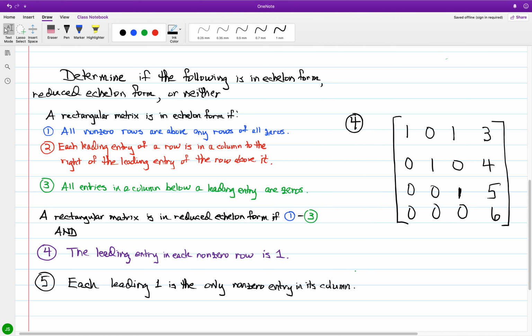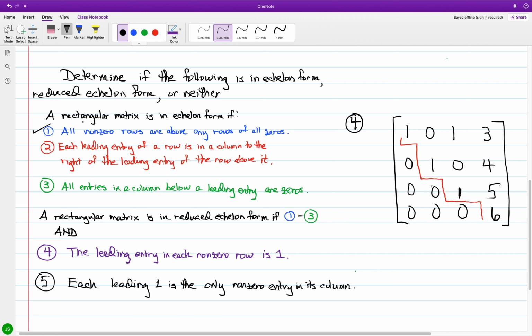Okay, for this fourth matrix, let's determine if we have echelon, reduced echelon, or neither. We don't have any rows of exclusively zeros, so condition 1 is automatic. For the second condition, we have the leading entry starting off with 1. Next row we have the leading entry at 1. Next and last leading entry we have at 1.